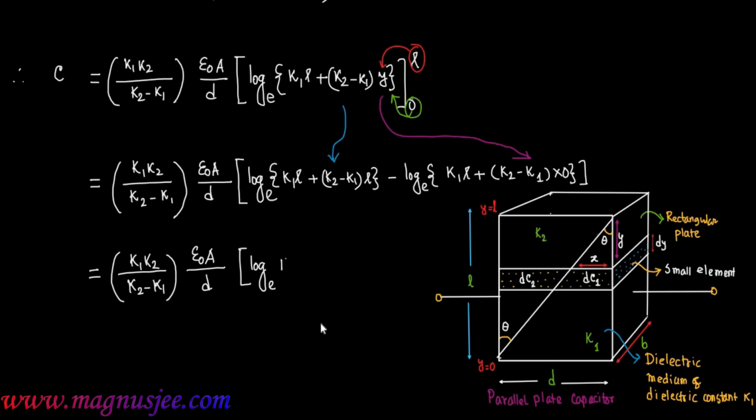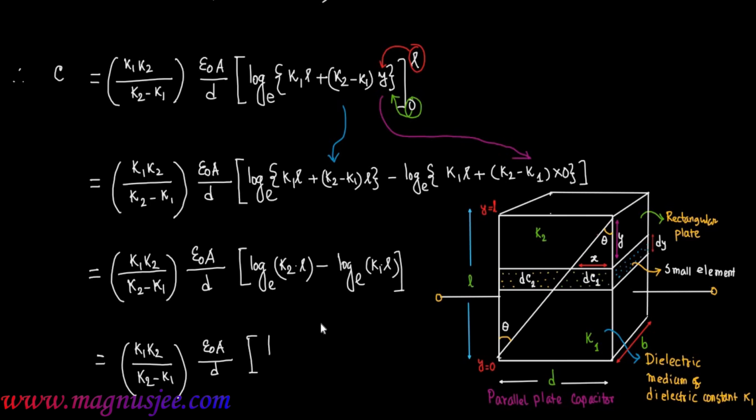If we simplify, we get log base e of k2 L minus log base e of k1 L, which equals k1 k2 divided by (k2 minus k1), epsilon 0 A divided by d, log base e of (k2 L divided by k1 L).